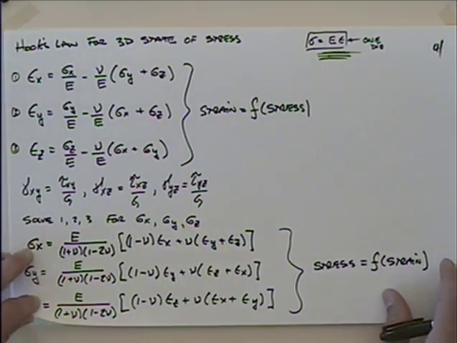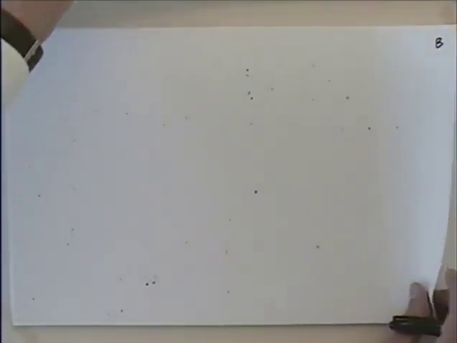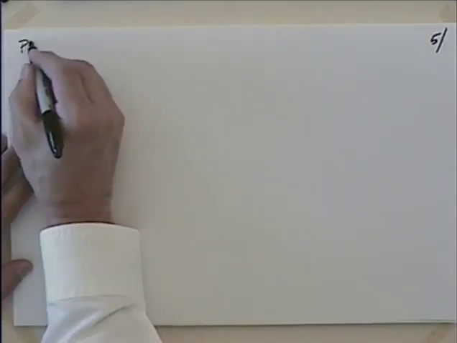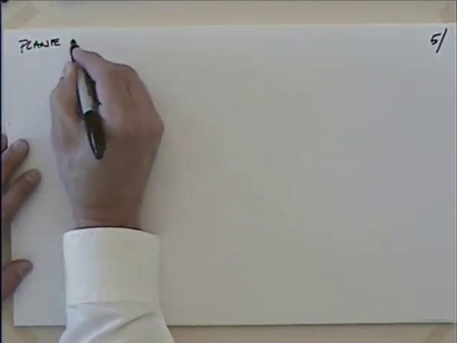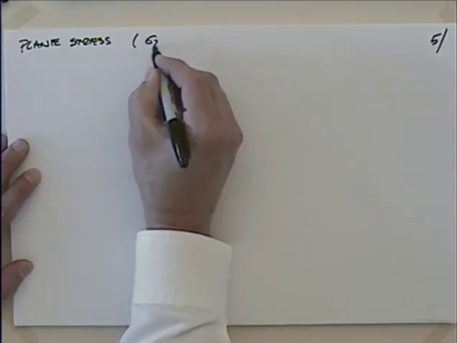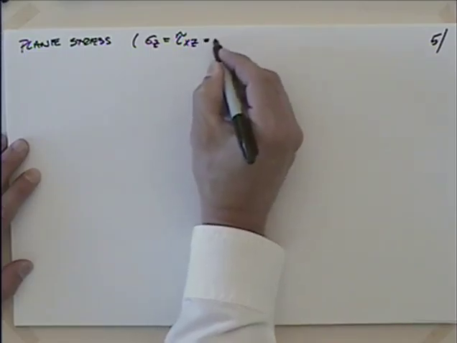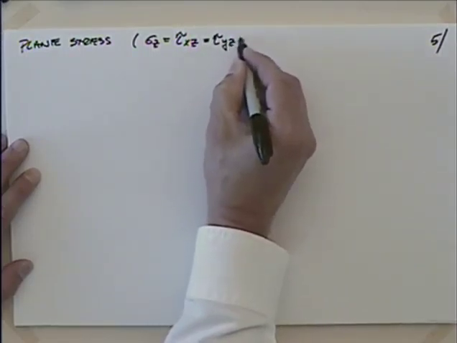So with this, I'm going to go to some common variations. Maybe I'll talk about plane stress first. So plane stress. What do we mean by plane stress? That would be sigma z equal to tau xz equal to tau yz equal to 0.